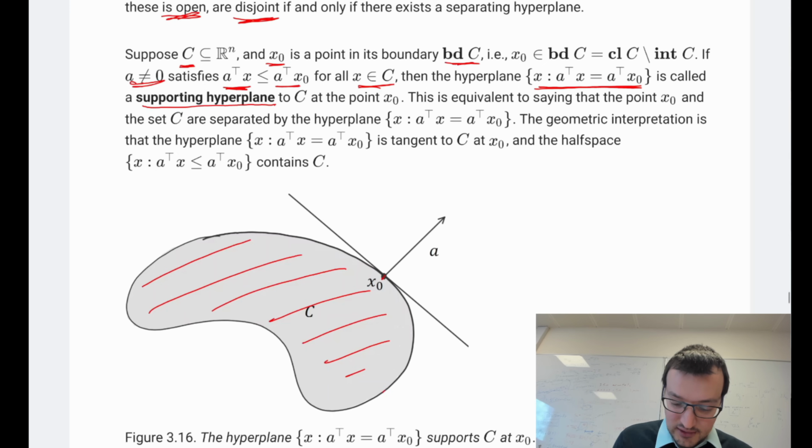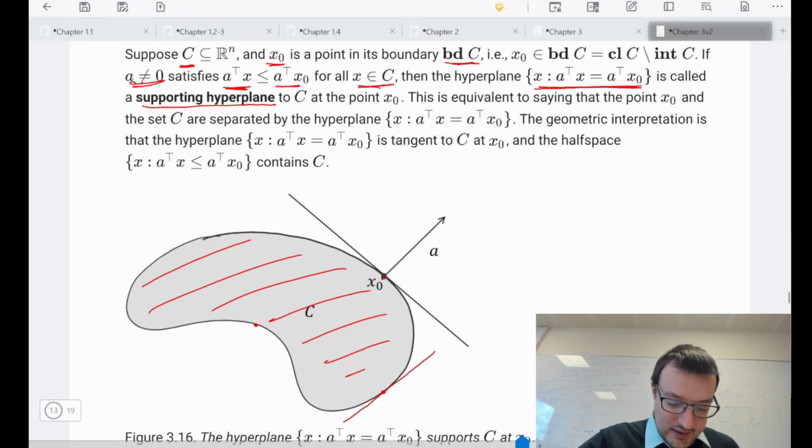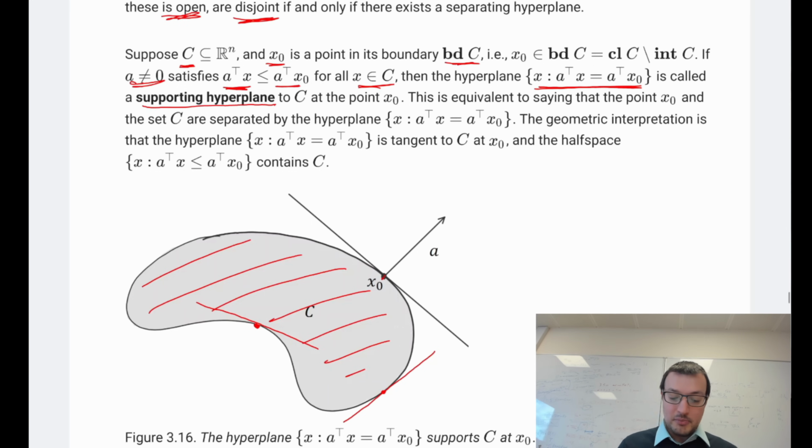So for instance, if I take this point here and I trace this hyperplane, that's another supporting hyperplane because all the set is lying on one side. If I take this point here, you see that this is not going to be a supporting hyperplane because the hyperplane is cutting through the set.